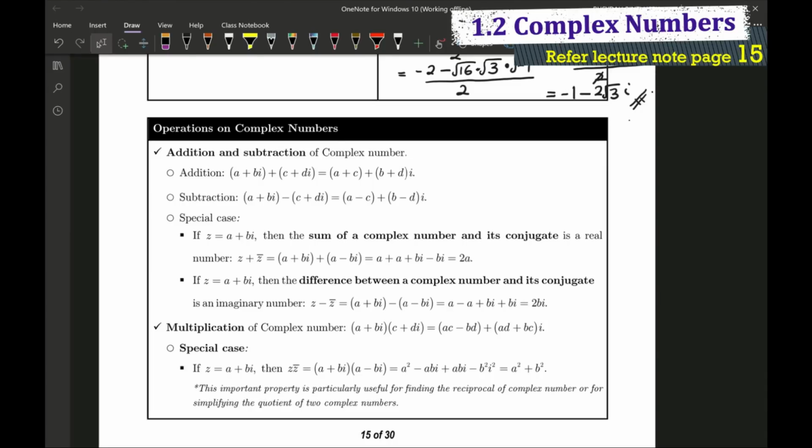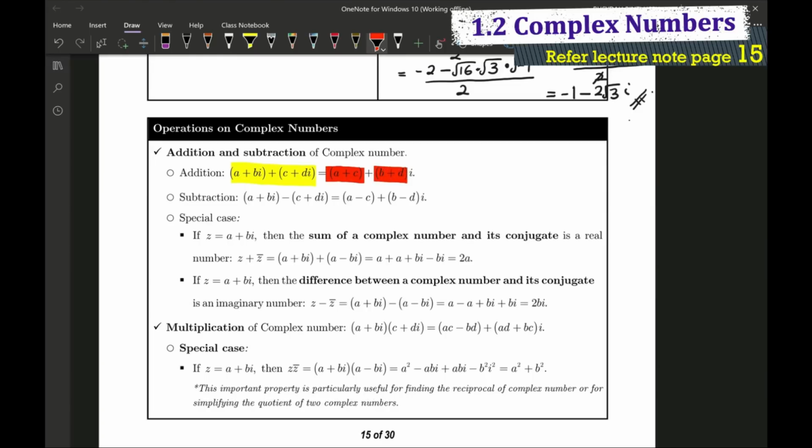To add or subtract complex numbers, we simply add the real part separately and the imaginary part separately to get a new complex number. As we can see here, we have two complex numbers, but at the end we add the real parts separately from the imaginary parts, and we get a new complex number.